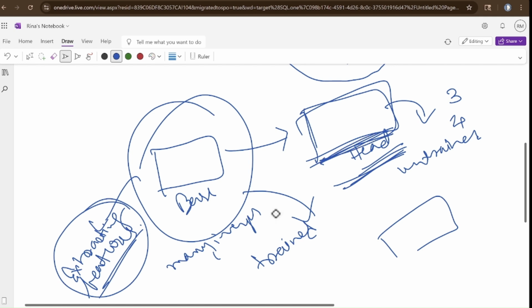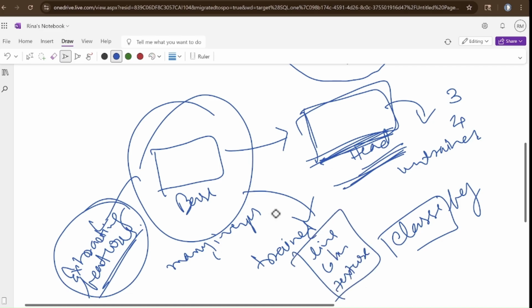I am just telling it to classify. Once it has extracted the features, like what is the line, what is the color, what is the texture, then my neural network will classify the image, whether it is a car, whether it is a bus, whether it is a truck. Clear?